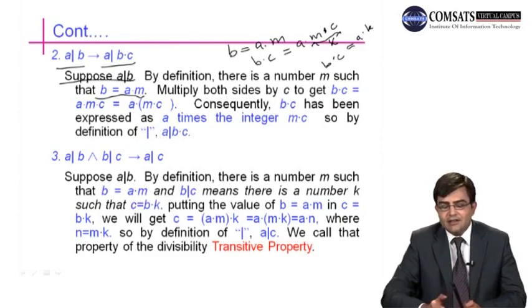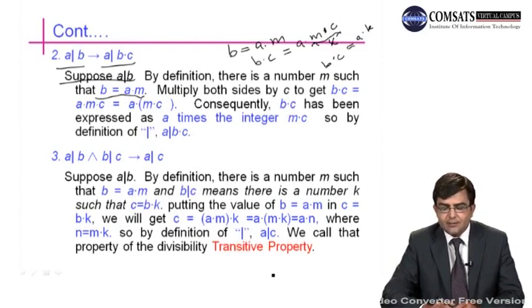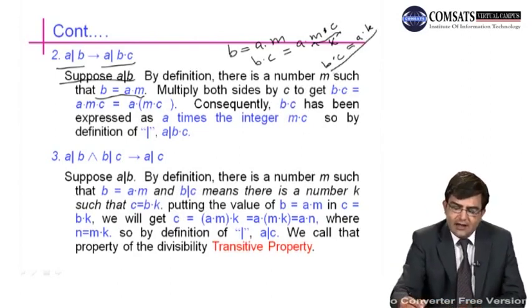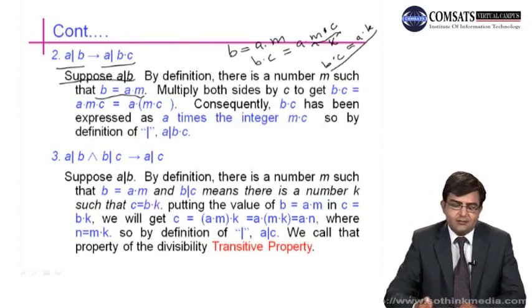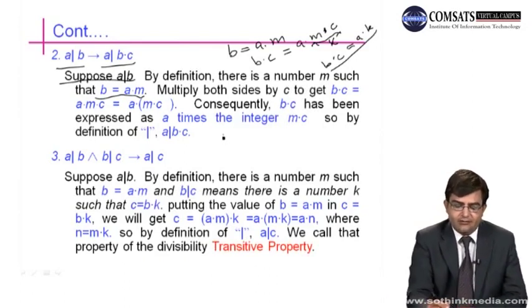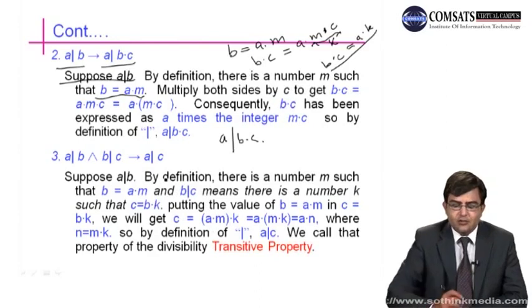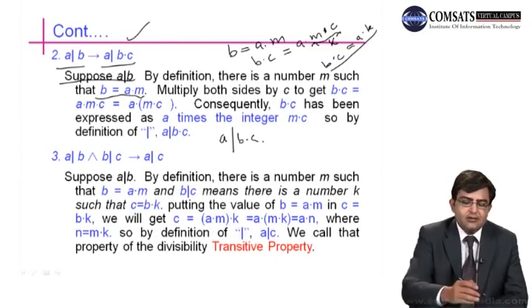As we know that m is an integer, C is an integer, and the product of two integers is again some other integer, so we can write m times C as k. So now we see that B times C can be written as the product of A and some integer. What does it mean? By definition of division, A divides B times C, which is the conclusion.